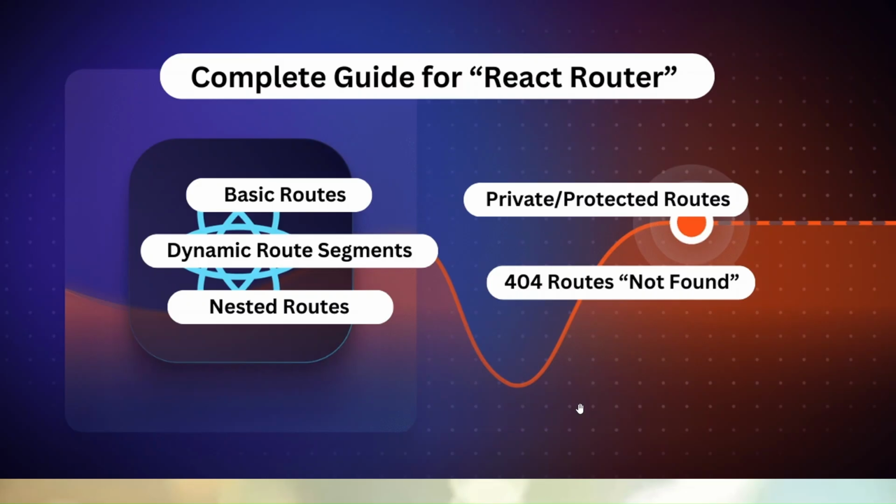Then we have seen how to get dynamic segments, the dynamic value from the URL, how to create nested routes in terms of portfolios, how to set up private and protected routes, and finally we have completed the not found error page. So successfully, this video is now completed. I hope this video has given you lots of ideas and new things to understand React Router DOM of a React application.